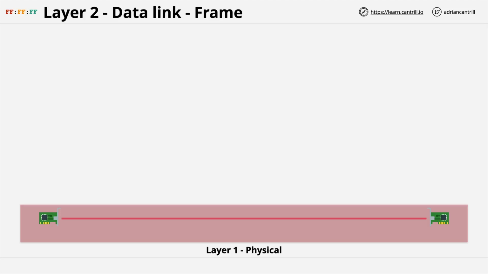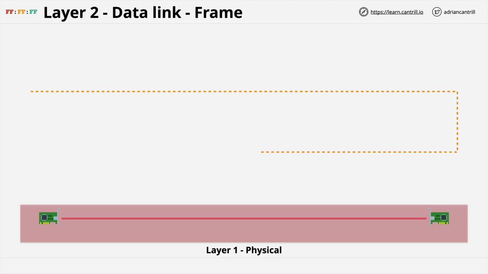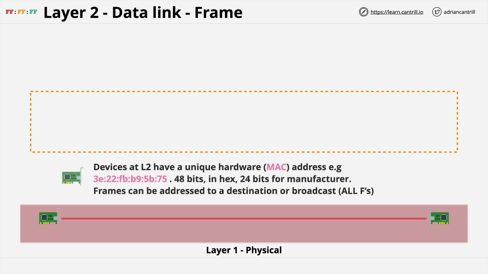Now layer 2, rather than being focused on physical wavelengths or voltages, introduces the concept of frames, and frames are a format for sending information over a layer 2 network. Layer 2 also introduces a unique hardware address called a MAC address for every device on a network.